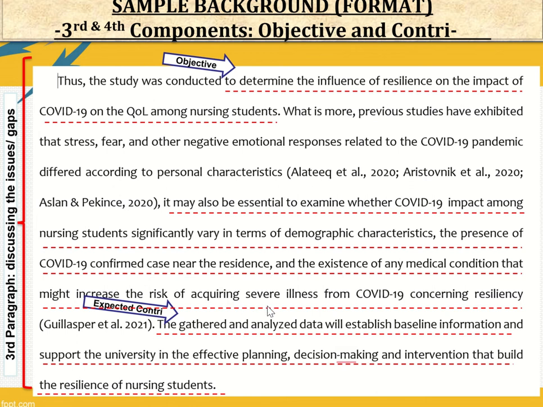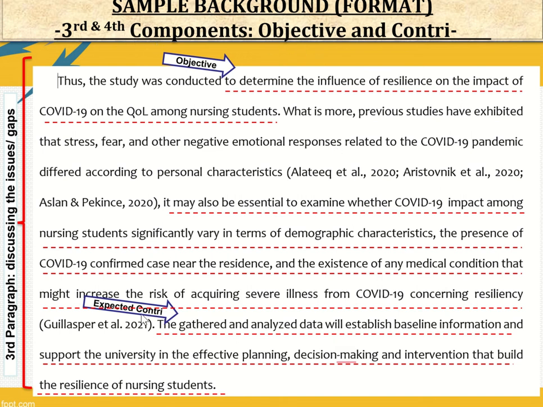So meaning, aside from this one, the study also considered the demographic characteristics, and other components in their study. So those are the objectives of this study. And that is the third component, the objective.